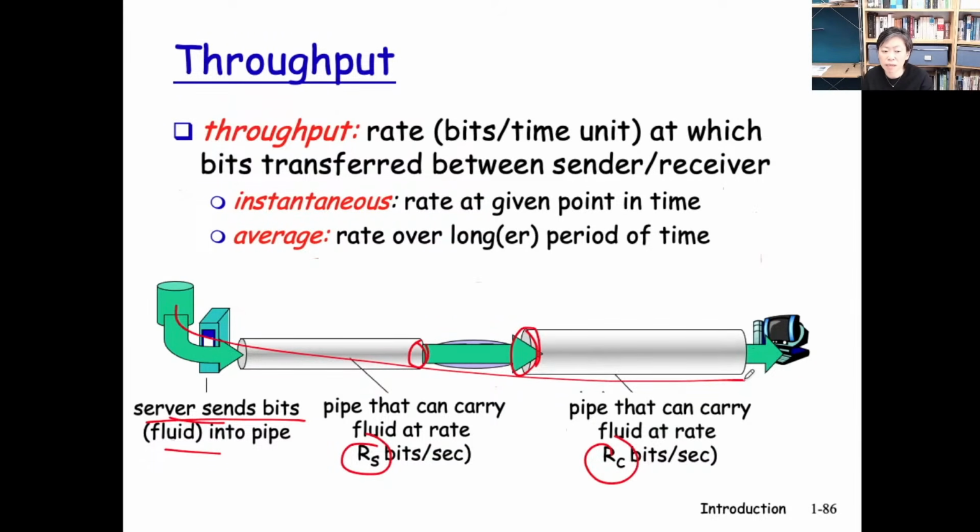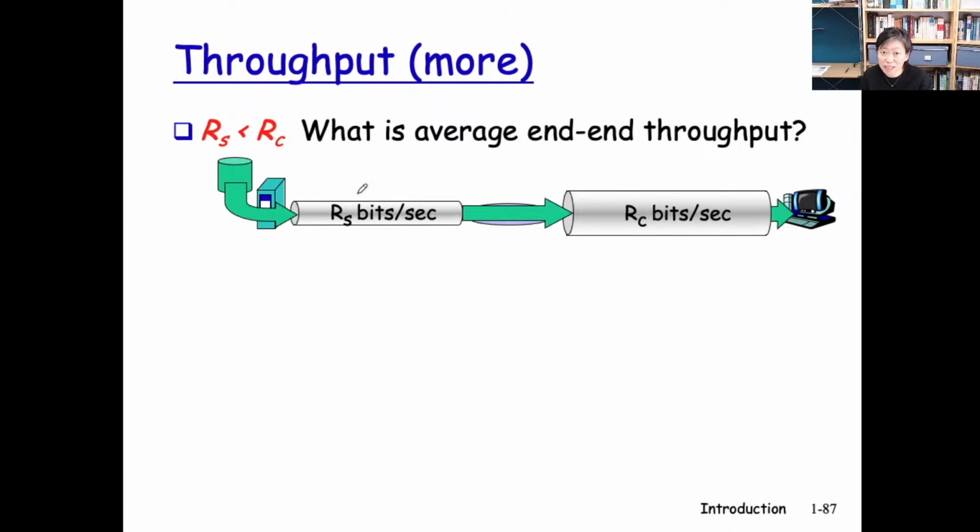Now, it might be a little easier for you to imagine. What is going to be the pipeline's throughput if you consider how the fluid will effectively arrive at the receiver? Would it be RC or RS? Well, it's probably not that hard. The intuition tells you that RS, being smaller, will limit the amount of fluid that can travel through.